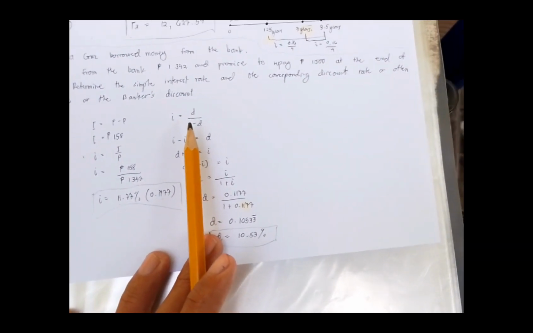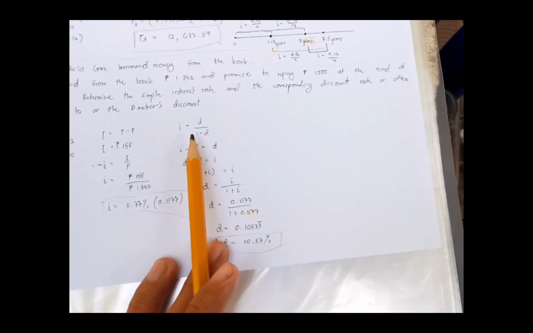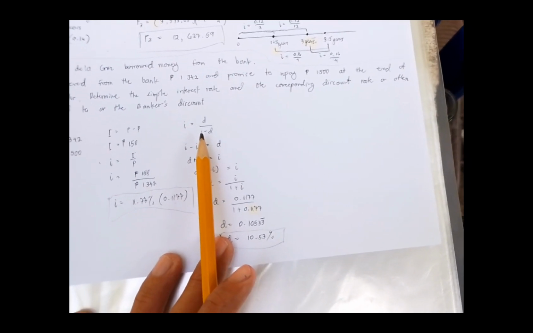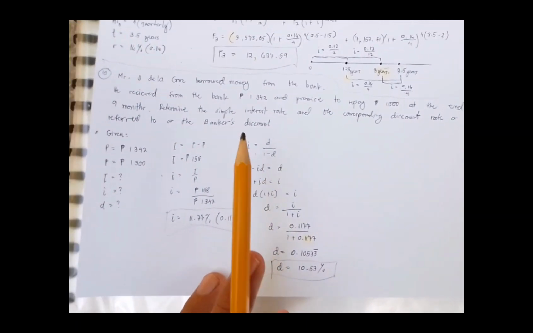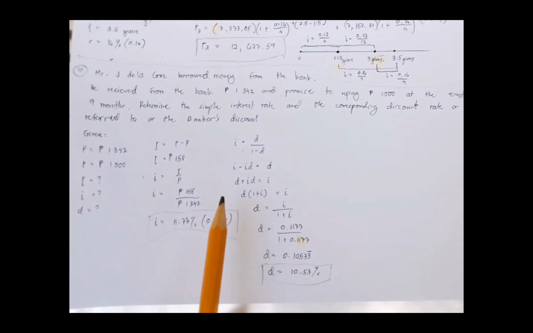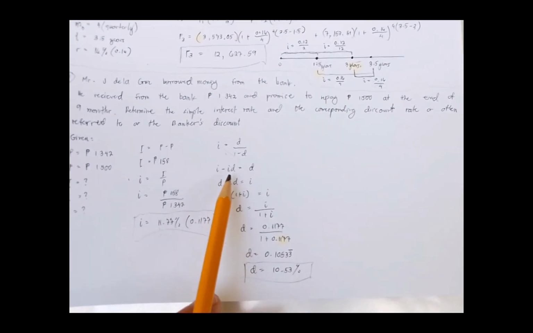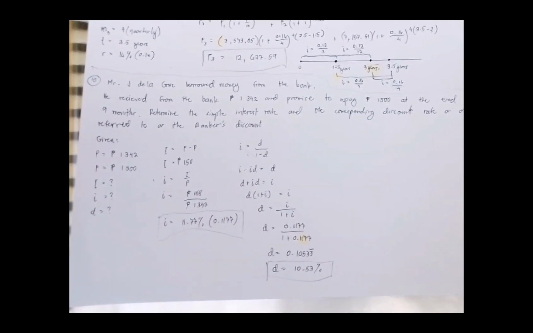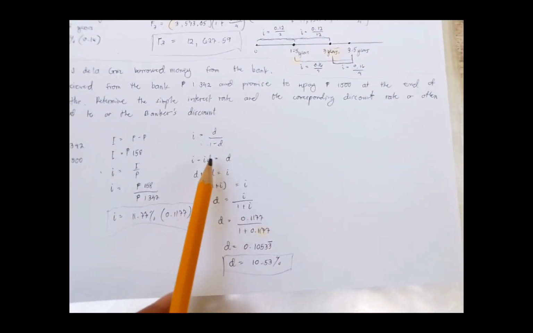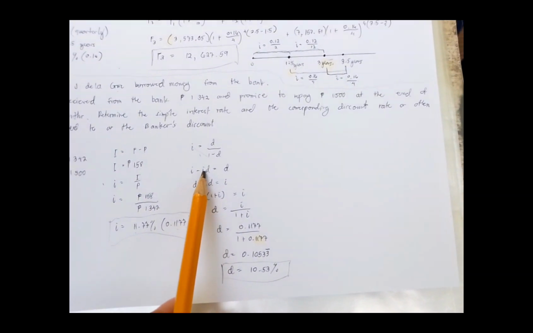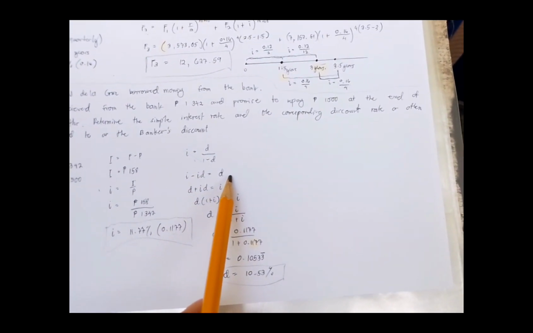So, using the formula for discount, I is equal to D all over 1 minus D. So, I derive it before substituting the values. So, 1, then simply distributive property, and you could get this. Then, transpose those D to the other side.